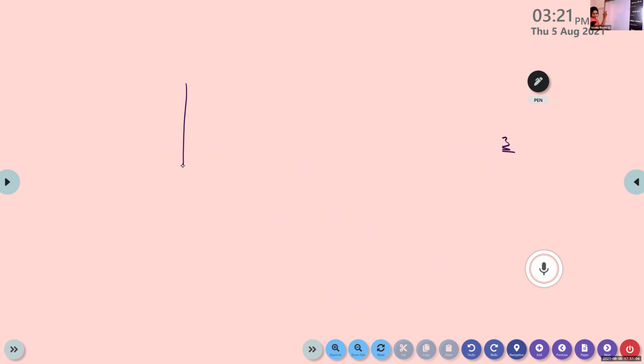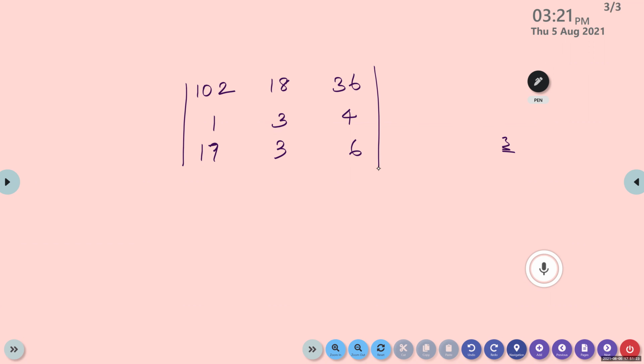Suppose the question is like this. Determinant 102, 18, 36; 1, 3, 4; 17, 3, 6. How will you get it? Either you can use row transformations or row operations. Sometimes they will use row transformations, column transformations; everything is equivalent.